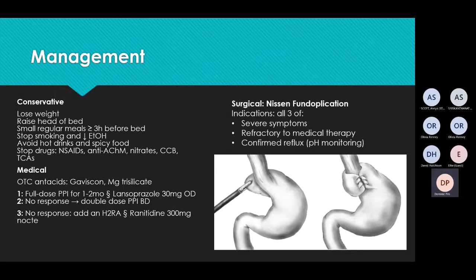If there's no response, then you double the dose. And if you still have no response, you add a drug which is called a histamine receptor antagonist. So an antihistamine drug that some of which are used in the treatment of allergic reactions.